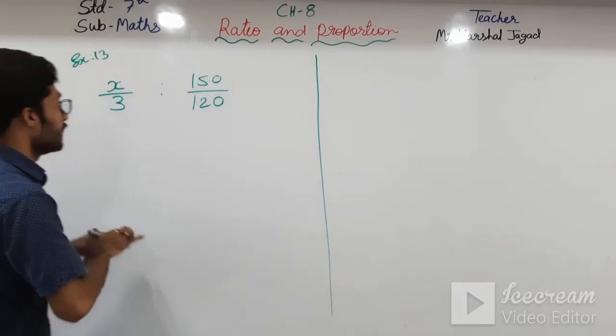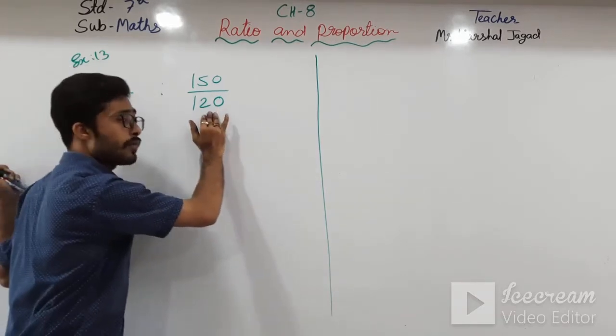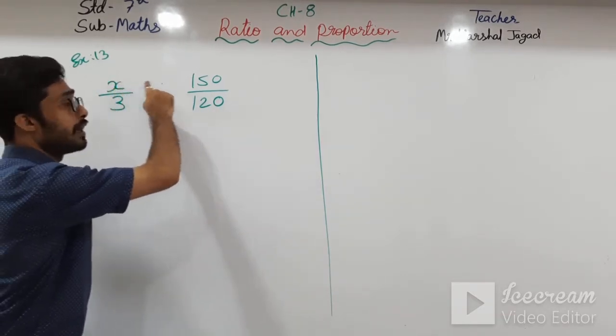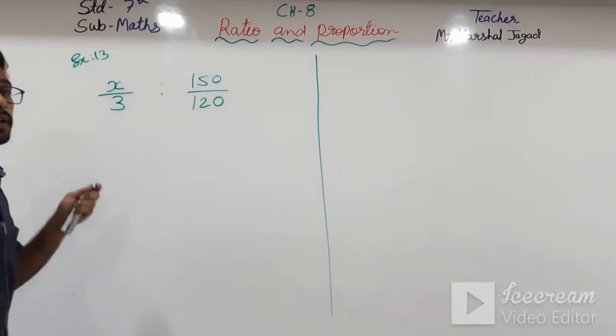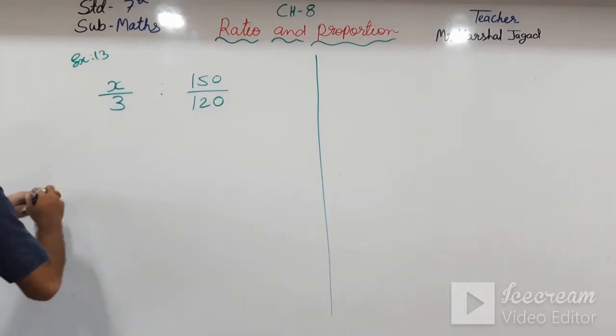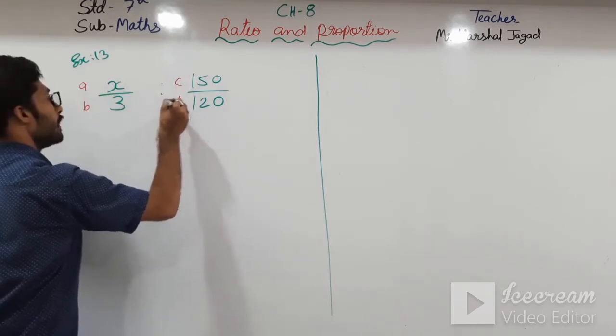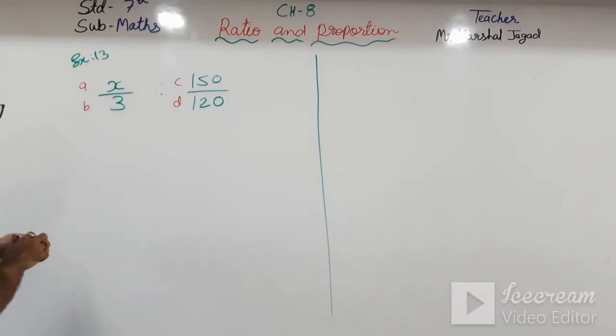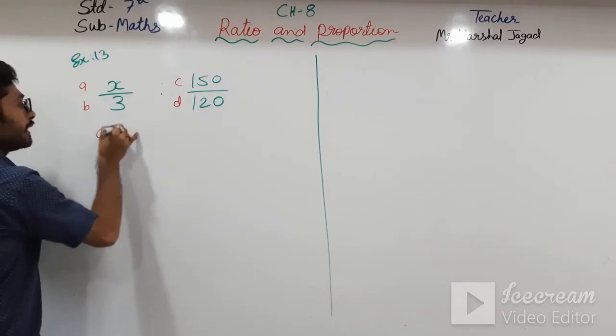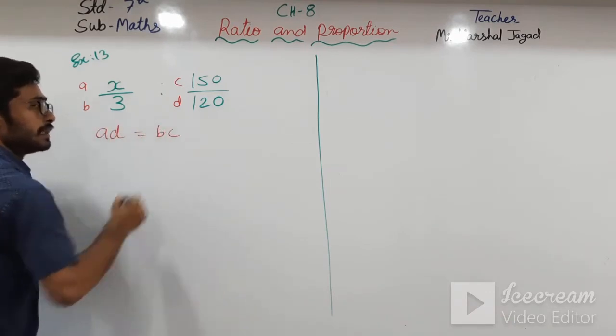How? In 3 hours it travels 120 kilometers, so in x hours it will travel 150. So here we know this is A upon B and C upon D, so we know the formula, that is AD is equal to BC.